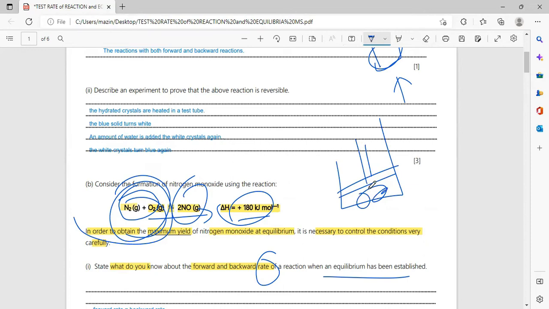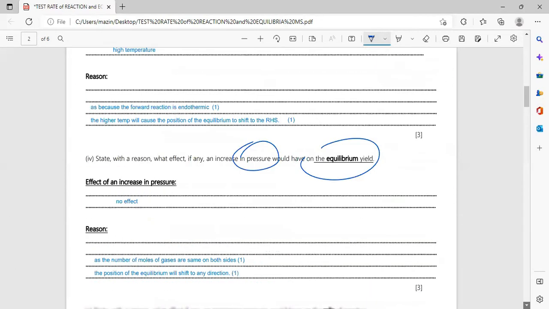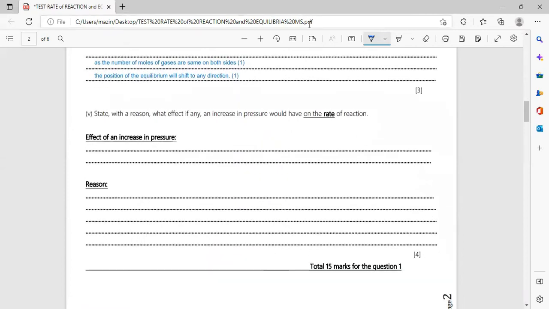If you compress them, then the volume will decrease, right? If the volume decreases, then the concentration will increase. I mean, the particles will be closer. And when particles are closer, there will be greater frequency of collision. Just that. So here it is 4 marks, which means you need to write many things.